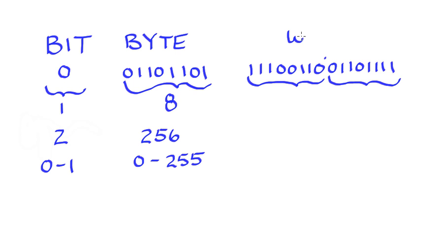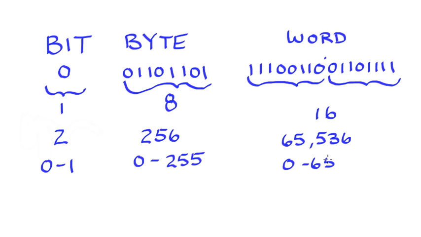This becomes what we refer to as a word. So a word is made up of a total of 16 bits, which gives us a total of 65,536 different combinations of ones and zeros, which for us then ranges from 0 to 65,535 as the maximum value.